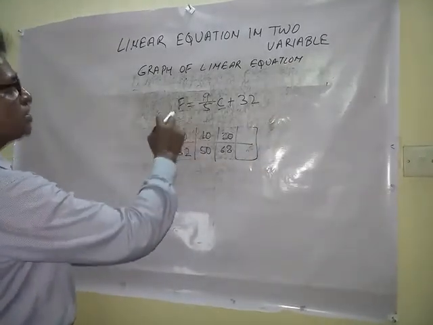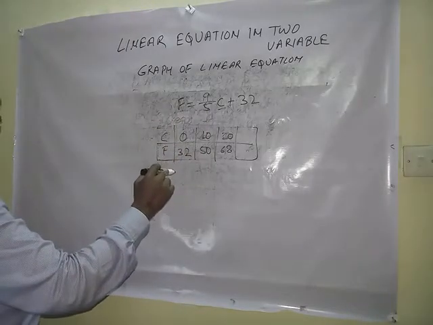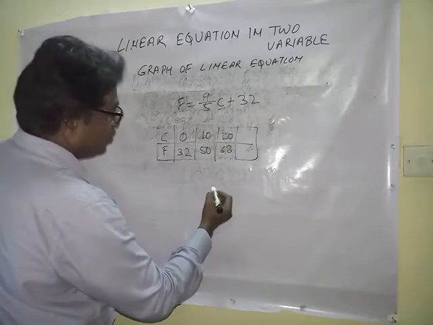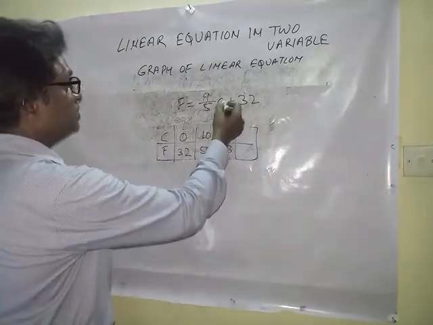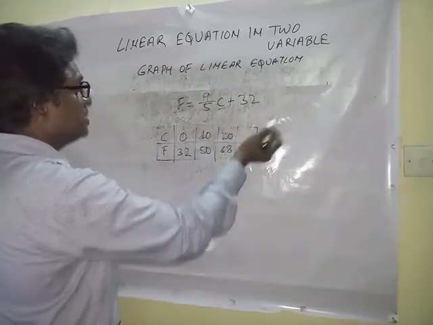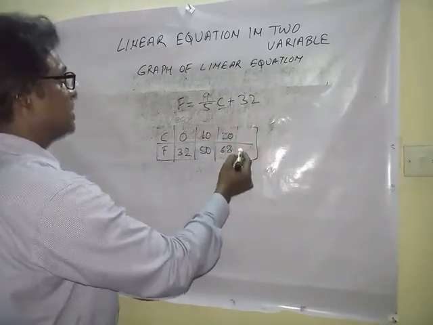And in this question, another thing is given. After plotting the graph, they will ask you to find out the value for C is equal to, say, 60 degrees centigrade.